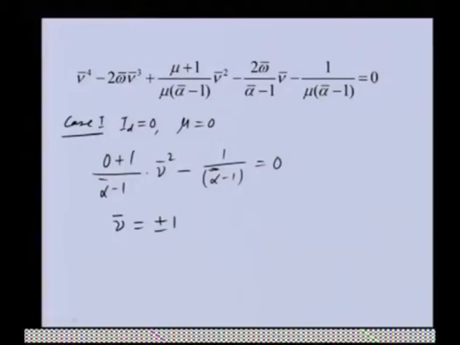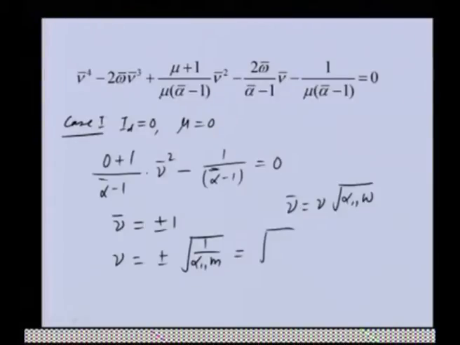We have defined nu bar as nu times alpha 1 1 omega. If we substitute this here, we see that nu is plus minus 1 by square root of alpha 1 1 m, and this alpha 1 1 is similar to the inverse of stiffness for the cantilever beam case. So, this will be root k by m.